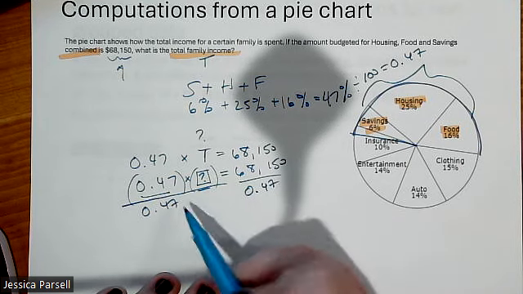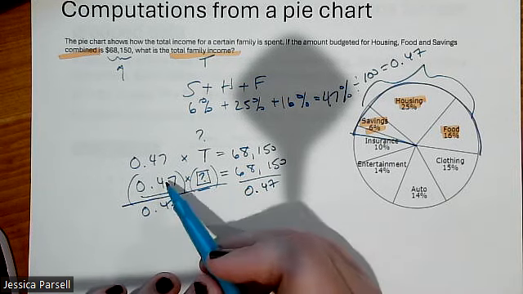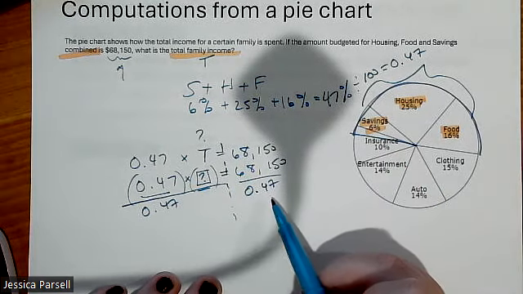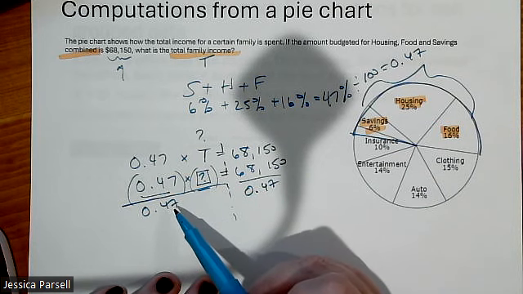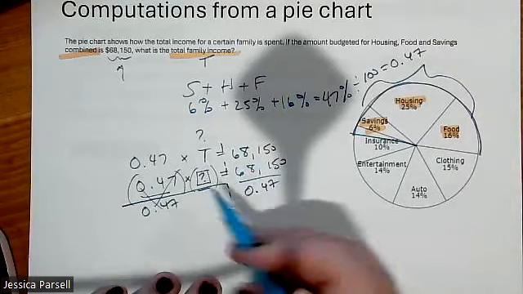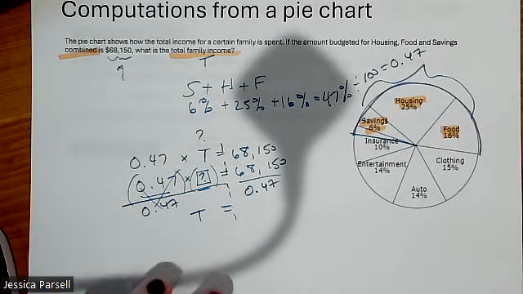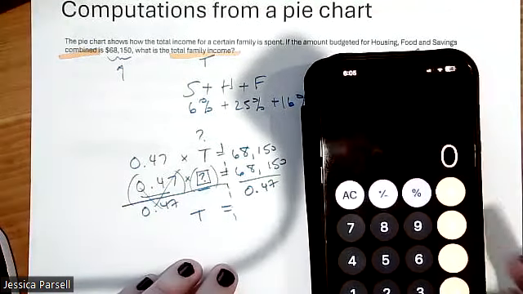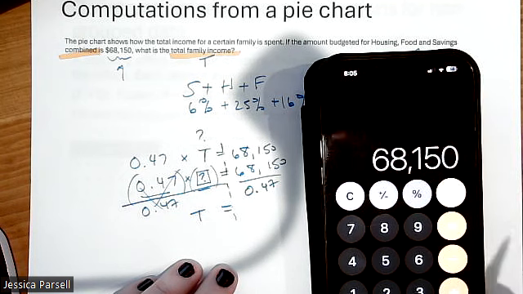And because we're working with algebra, algebra is very fair. Life isn't fair, but algebra is. So if you divide one side of this equation by 0.47, you have to do it to the other side. What's cool about dividing 0.47 by 0.47 is it cancels itself out, leaving us basically just T is equal to, then we take our calculator and figure out 68,150 divided by 0.47.